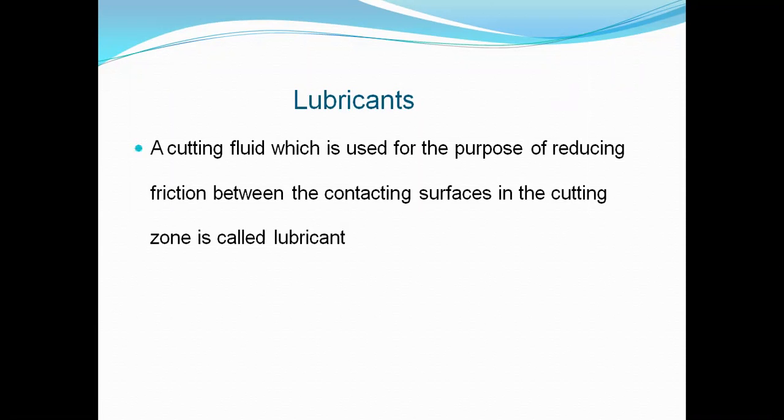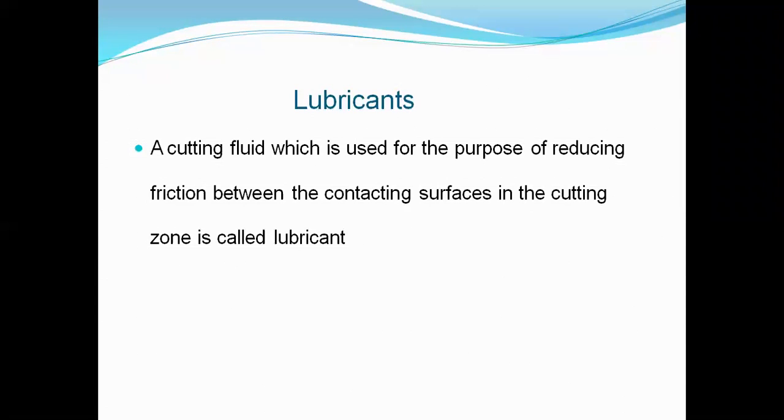Where there are contacting surfaces and relative motion exists between the two mating parts, we use lubricants to reduce the friction effect. Due to this friction effect, heat increases and the heat affected zone increases. Due to this heat effect, there may be damage of metal parts. So that's why we are using lubricants.